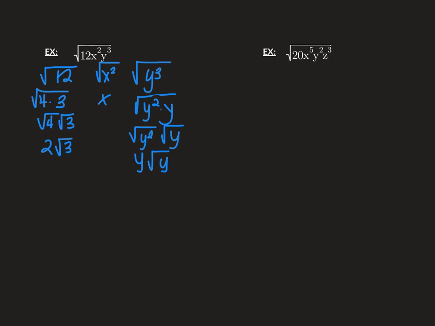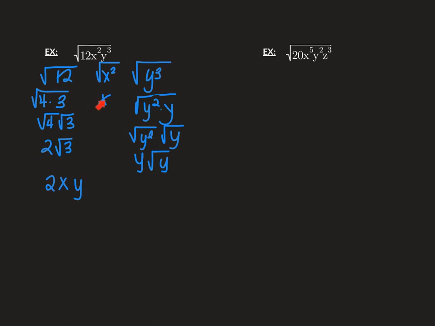Okay, so I kind of have a jumble of a mess here. I've got a 2 root 3, I've got an x, I've got a y root y. Well, remember back in method 2 when we talked about multiply the outside by outside and the inside by inside? Here we go. The numbers that are outside currently are a 2, an x, and a y.